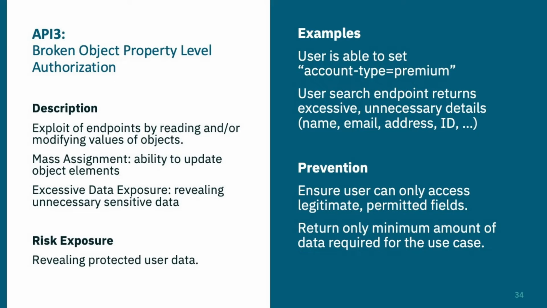Then no need to be returning account IDs and emails and other sensitive information when the use case doesn't require it. Right. So the prevention here is to make sure your API endpoints are returning the data that is legitimately required for that application and nothing more, right?